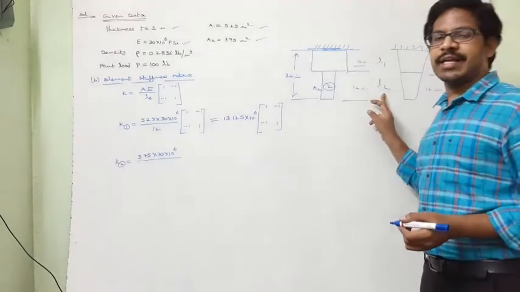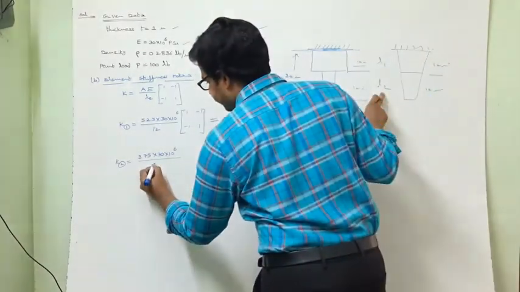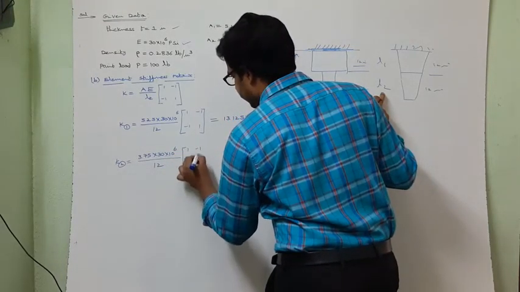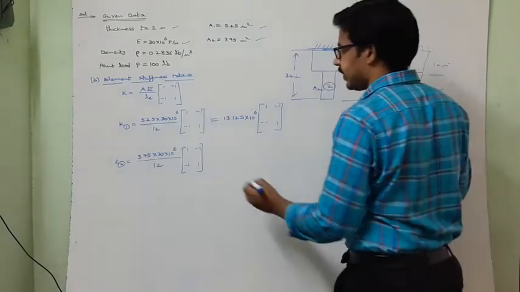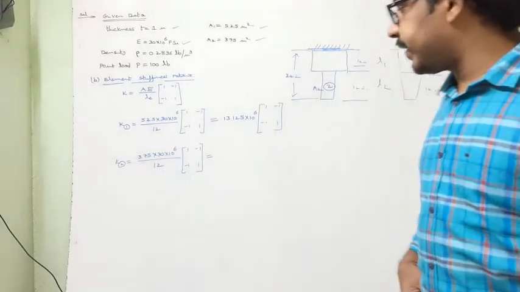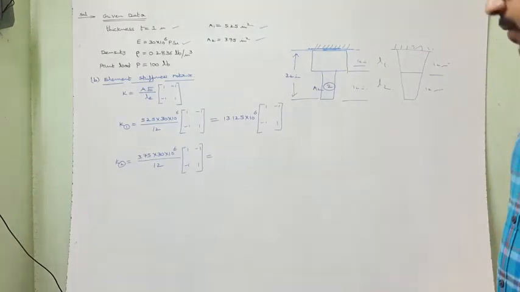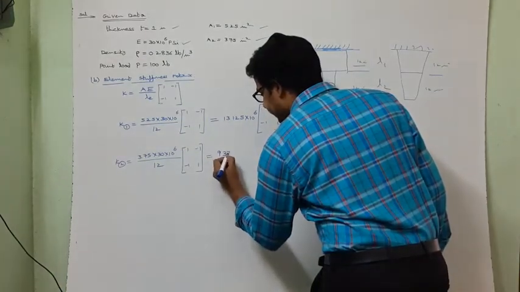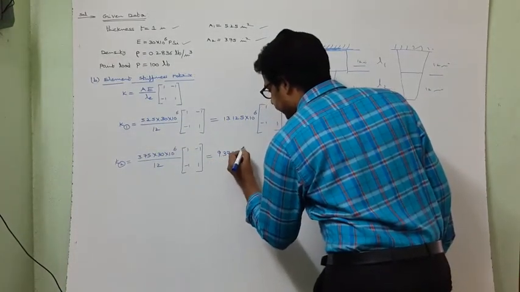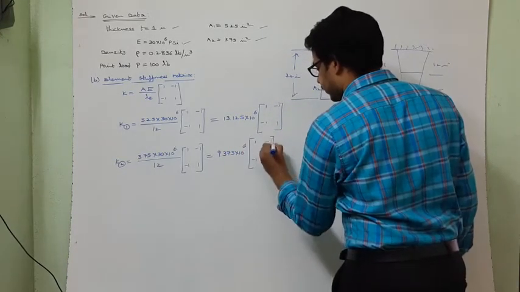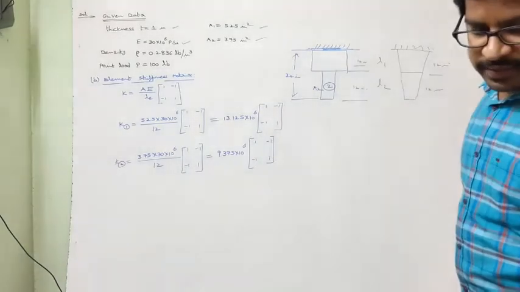So here the length of the second element is 12 inches, times [1 -1; -1 1]. 3.75 into 30 into 10 power 6, whole divided by 12, means 9.375 into 10 power 6, times [1 -1; -1 1].